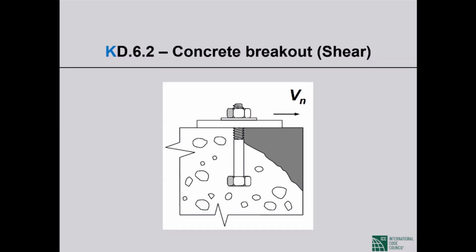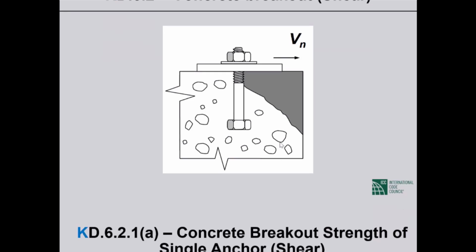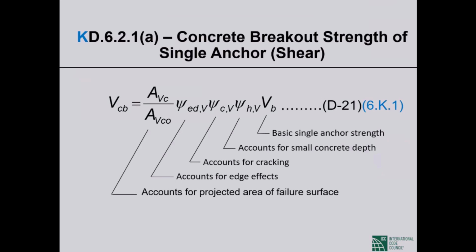Concrete breakout in shear. This is what it looks like. This is the chunk of concrete that breaks out for shear in the left to right direction. The equation, similar to the equation for tension, we are talking about here the breakout strength of a single anchor in shear.